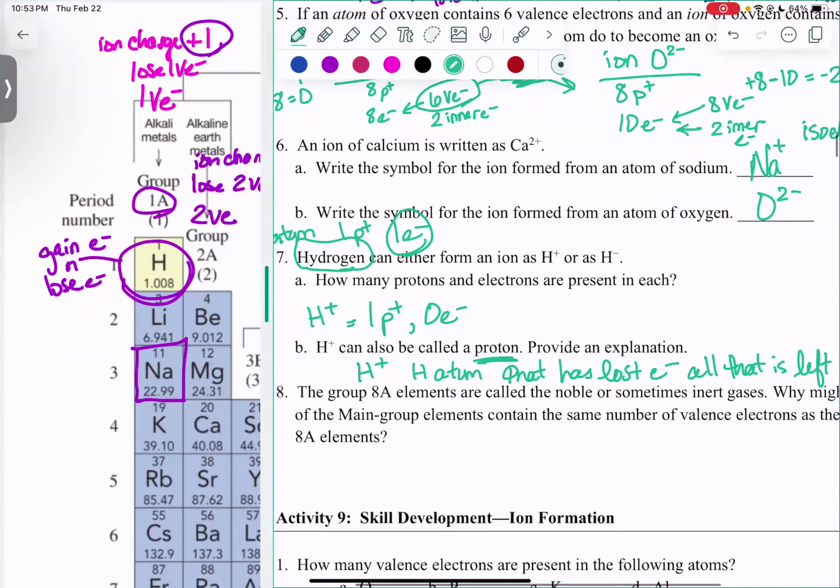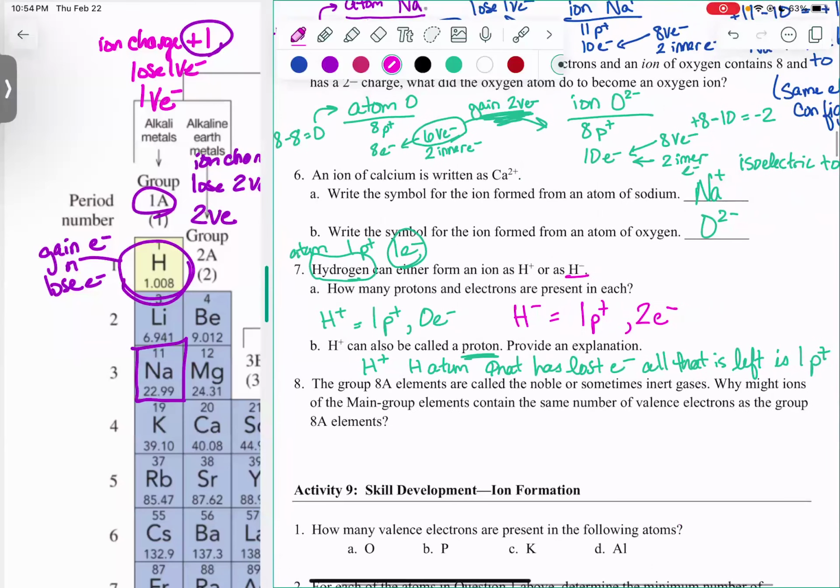Okay, then we need to talk about our H-. So what if we have H-? Well, I have to have a proton, otherwise I won't be hydrogen. So what do I do in order to make H-? Well, I have to have 1 more electron than I do proton. So I would have to have 2 electrons in order to have a charge of -1.